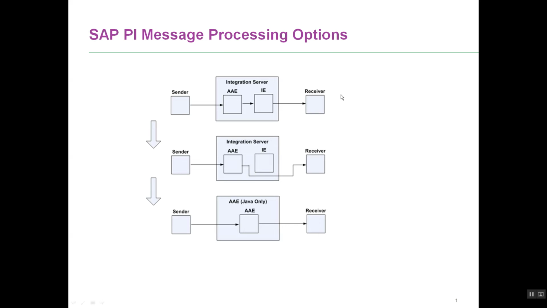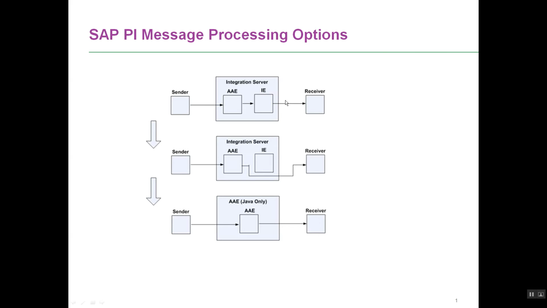Now, there were a lot of overheads. At the end of the day, for a file to get processed, PI was doing a lot of switches between its internal components. The sender adapter would send the message to the integration engine. That would mean one switch from the Java stack to the ABAP stack, and then the integration engine would send it back to the adapter engine.